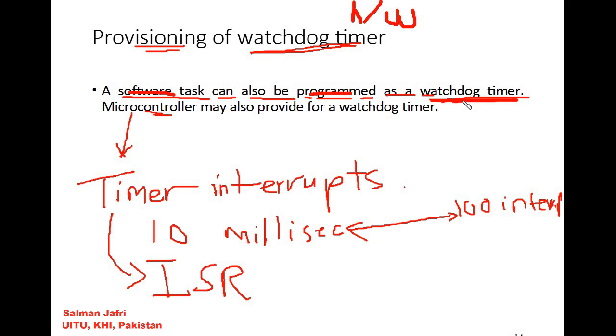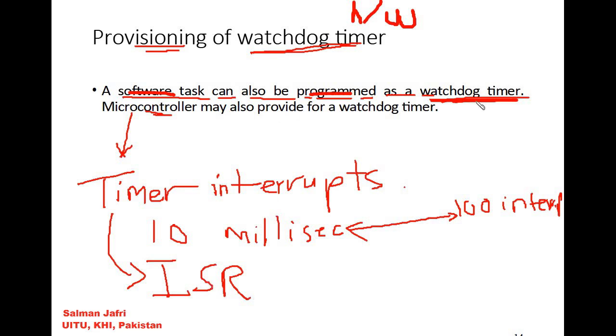This software task would be acting as a watchdog timer. It would execute in the background, and let's say after a preset time interval it would generate an interrupt, and when the interrupt is generated, the code would be transferred to the ISR or the interrupt service routine that executes the tasks that are involved when the watchdog timer is overflowing.